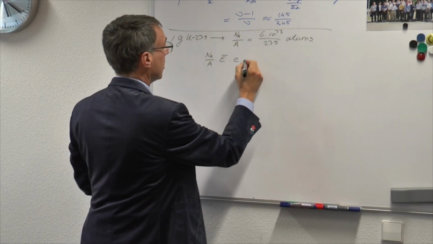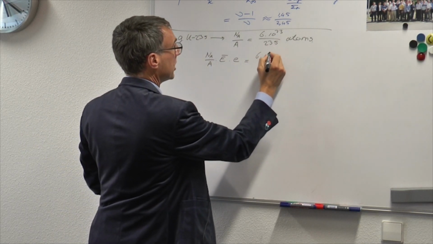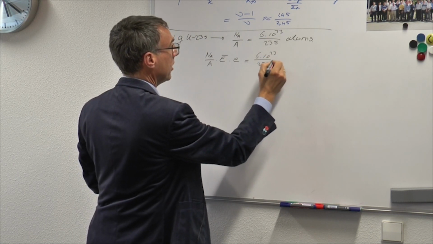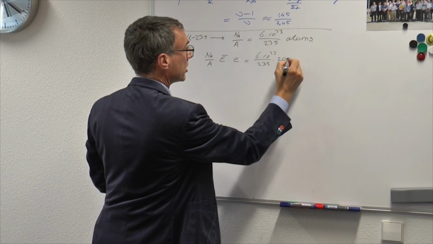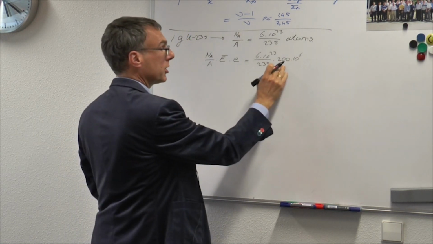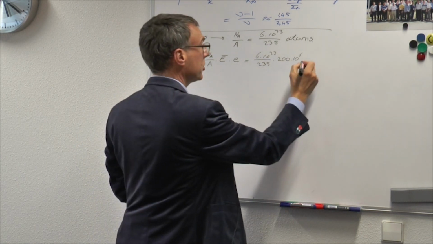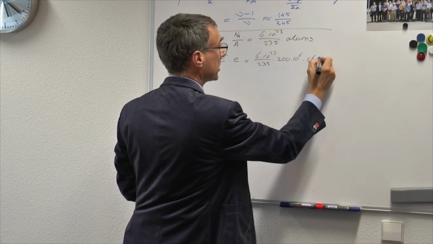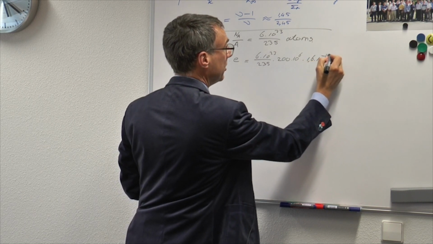So this is 6 times 10 to the 23 divided by 235 times 200 mega electron volt per fission, so that's 200 times 10 to the 6 electron volt, times the number of joule per electron volt, that's 1.6 times 10 to the minus 19.